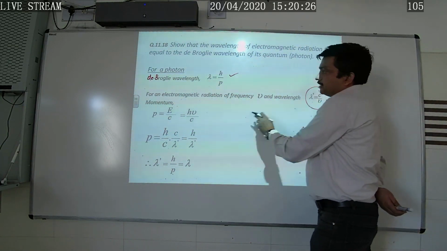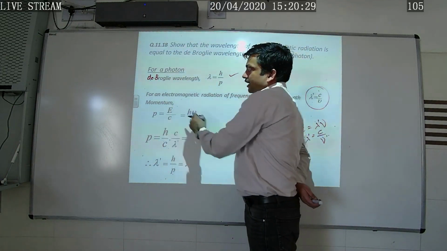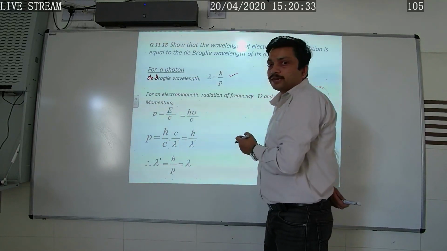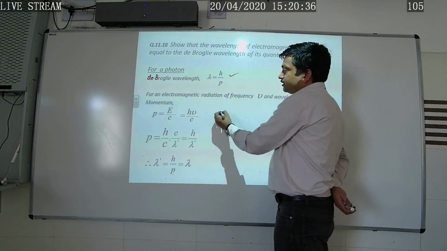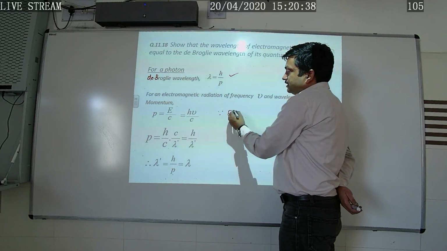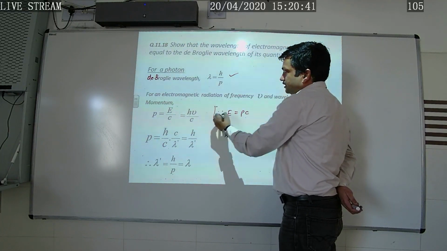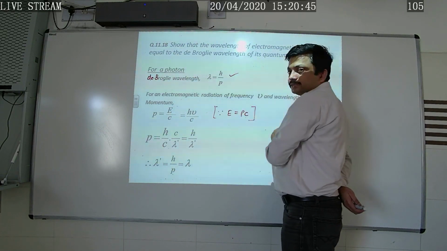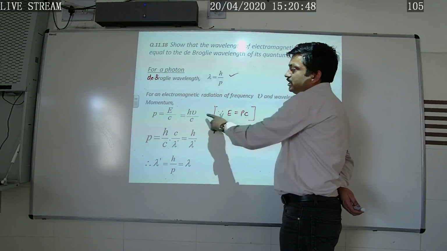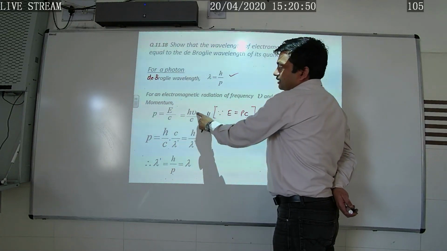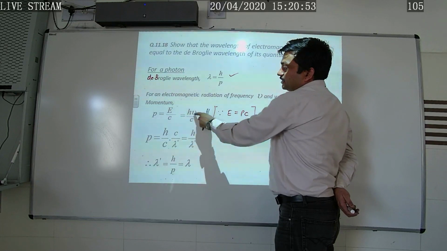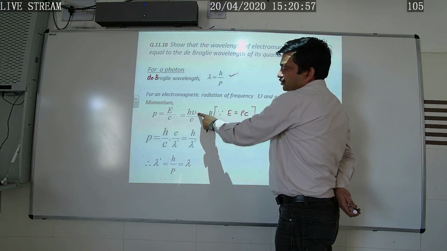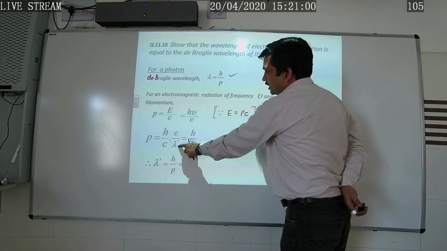Okay. Further, as we know, the energy of the radiation E is equal to Pc according to Einstein's relativistic formula. This is the energy associated with the photon. If we consider it as radiation, P will be equal to E by c. Now E is the energy of the radiation, that is h nu. Putting the value of h nu, nu is c by lambda dash.